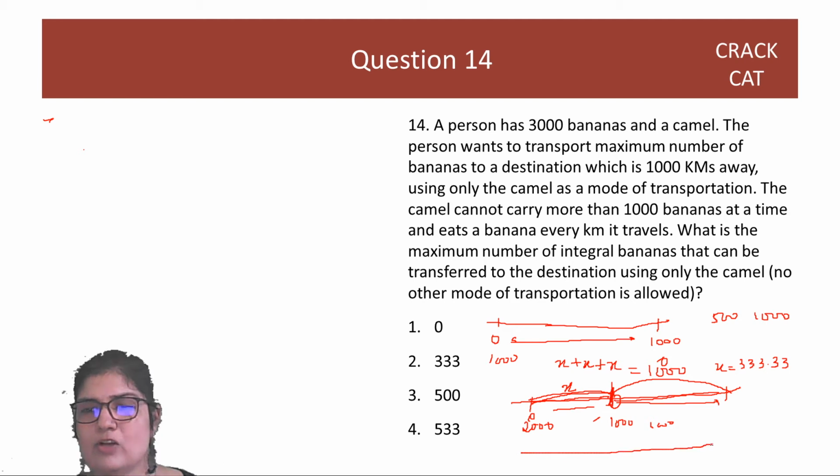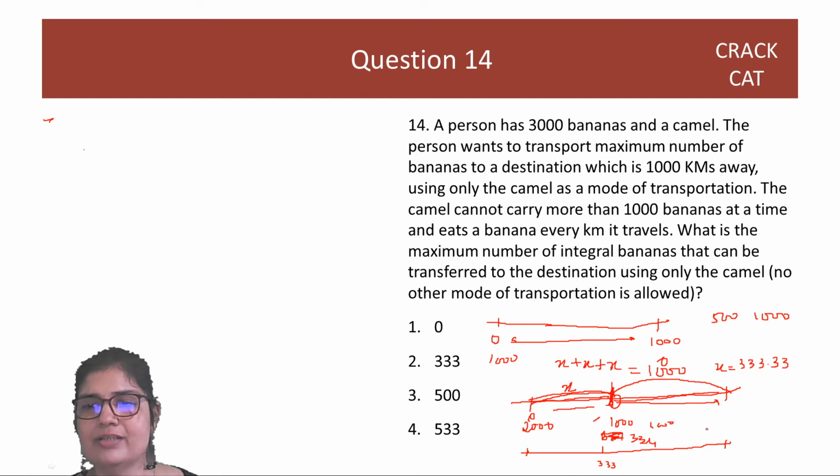So let's say, because you want integral answers, right? It can't be more than 333. You can stop here at 333. Okay. He dumps how much? He dumps the remaining, which is 667, he unloads it here. Not 667 actually. He needs 333 to eat on the way back also, right? So 334 is what he dumps. 333 he eats as he comes back, and then starts with 1000.